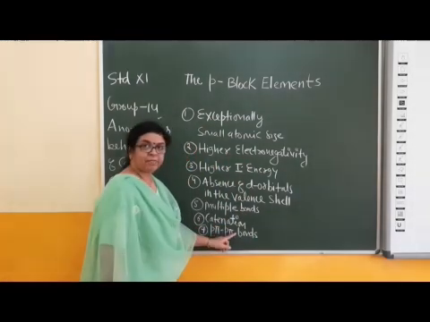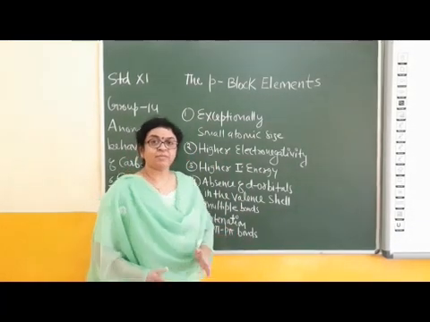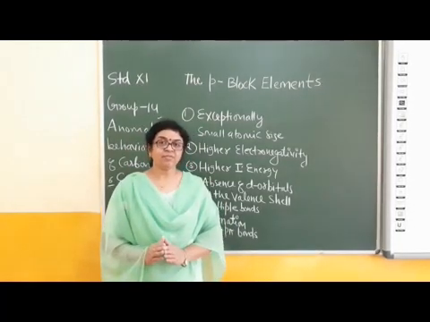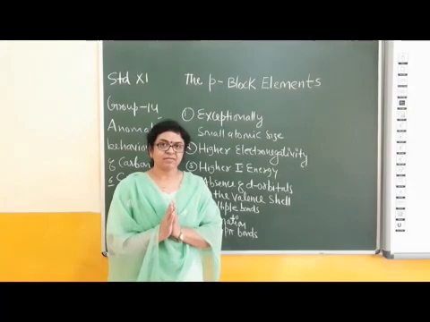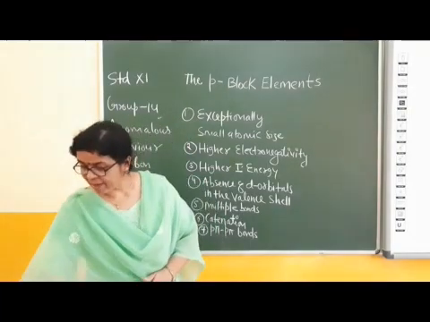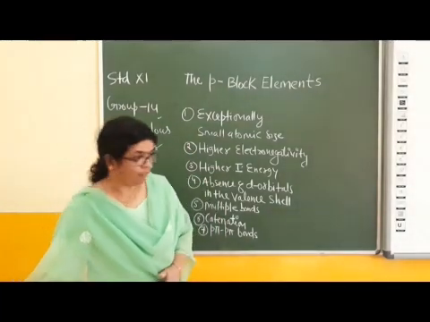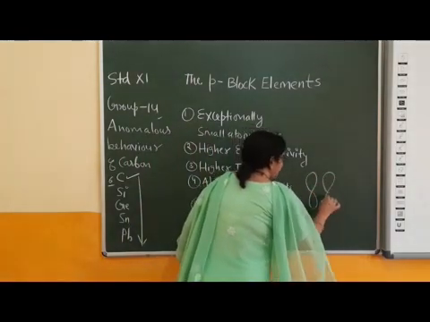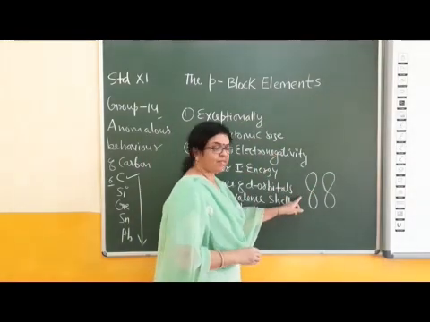Meaning of p pi bonds: overlapping occurs between p orbitals and p orbitals in a sideways manner, and the resultant bond is called a pi bond. In any type of pi bonding, there is sideways overlapping.